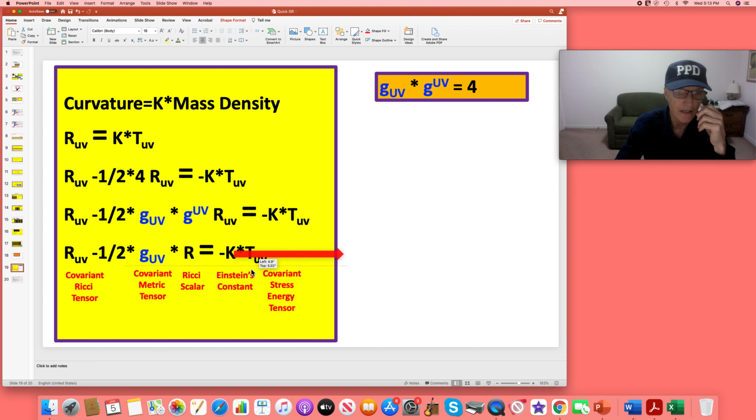And over here we have this K, which I think is called Einstein's constant because he worked it out. And I also derived it, I think in General Relativity 5 and 6, my videos there. And the T subscript UV is the covariant stress energy tensor. It's covariant because this UV is on the bottom, and it relates to the derivatives.